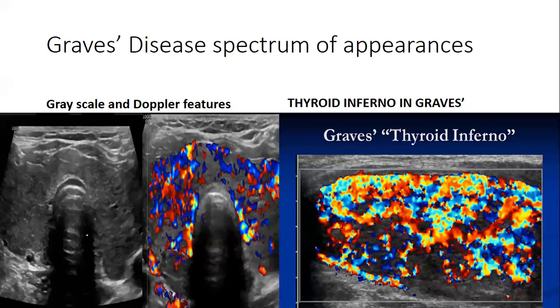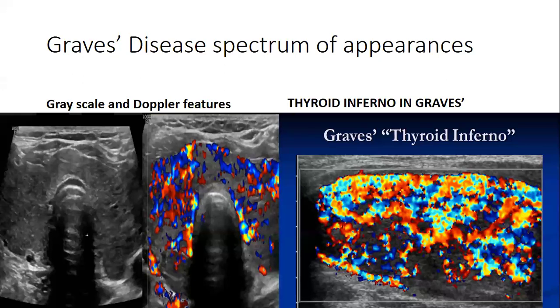It's usually more homogeneous on grayscale. You can see the parenchyma is more homogeneous compared to the Hashimoto's case. The thyroid inferno is usually a prominent, hallmark feature of Graves' disease.